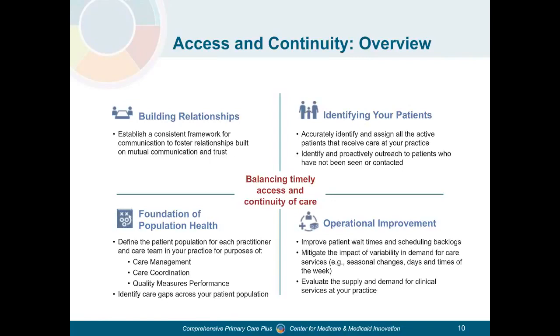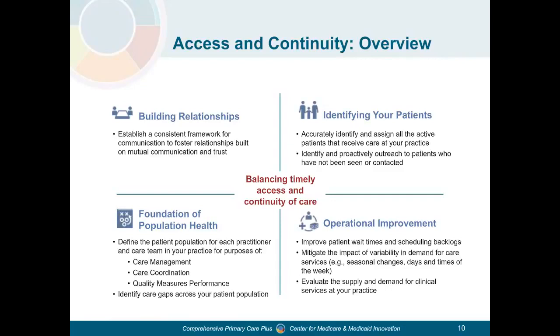This ties in perfectly. On this slide, you'll find a quick overview of how working to improve access and continuity and effectively managing the tension between the two will directly impact your practice. First, the major thing you should see is that the relationships that your patients have with their care teams and with the practice will be enriched.